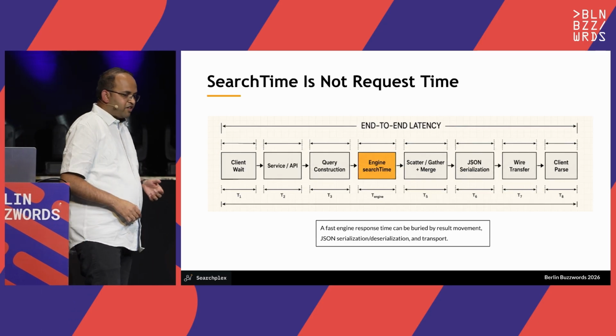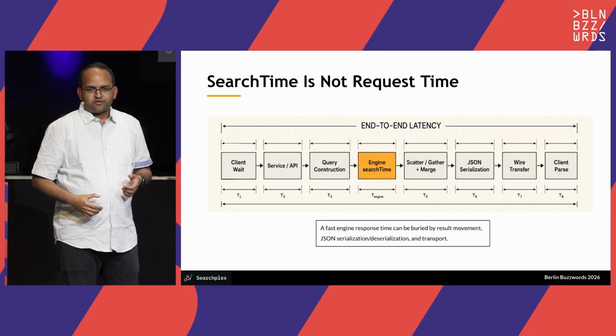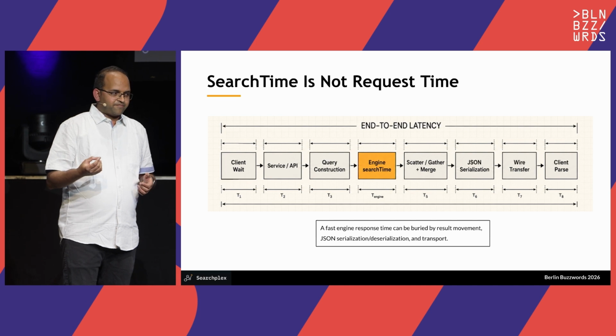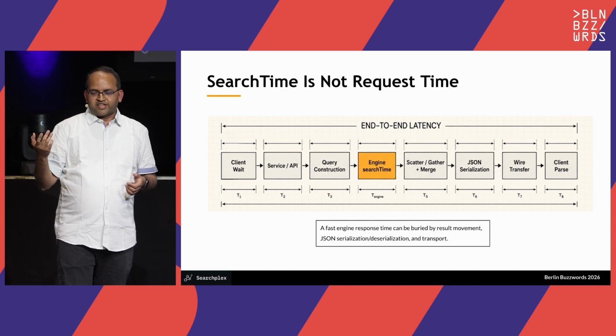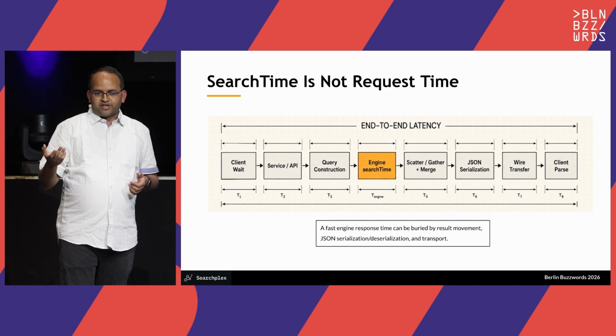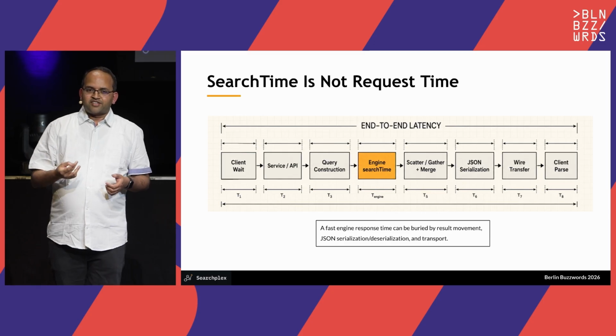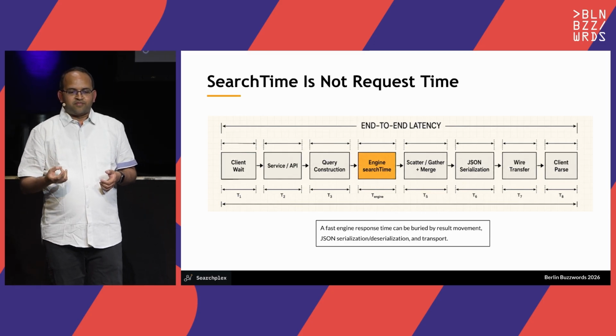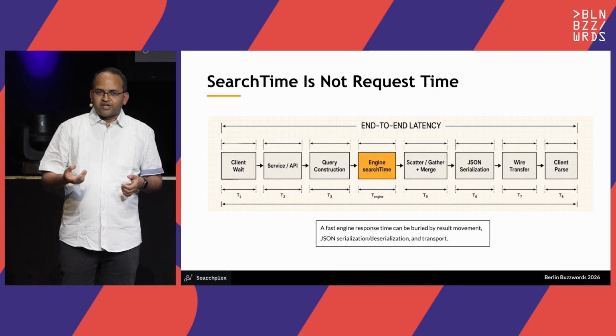So when we think of the performance, quite often we think like, how long the search engine is taking to do a job. But in this case, it's not only an engine time.